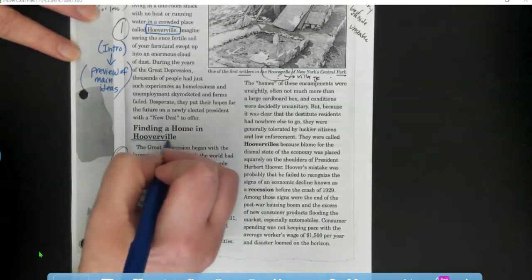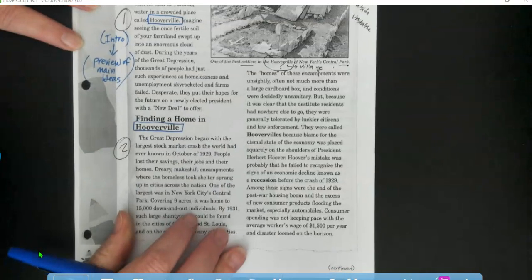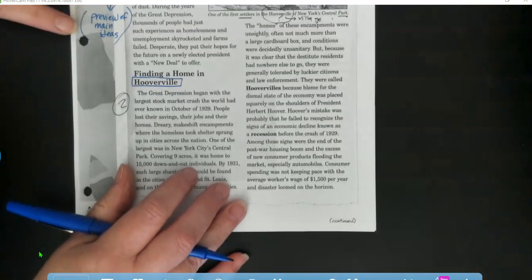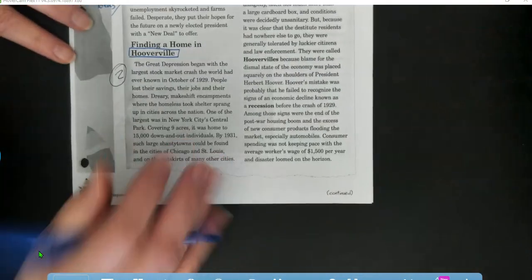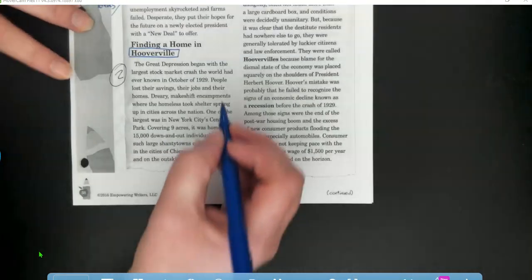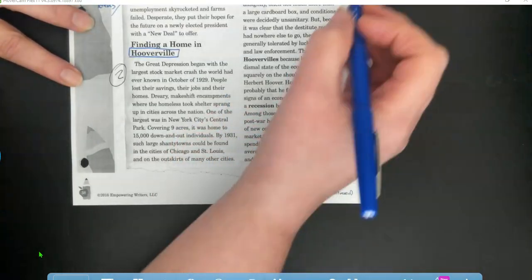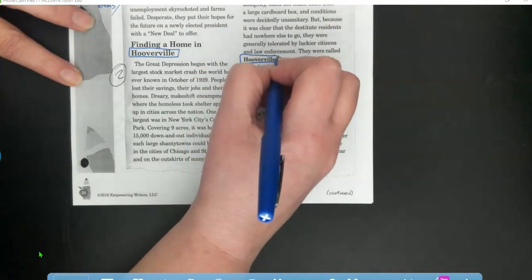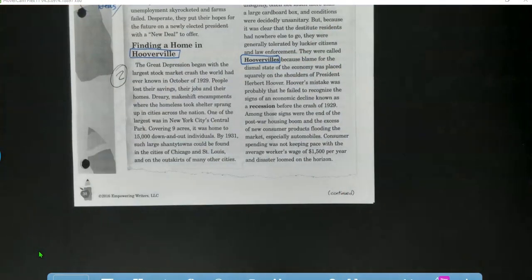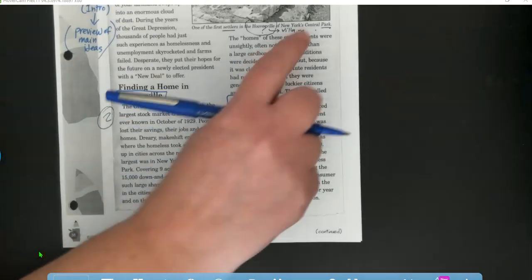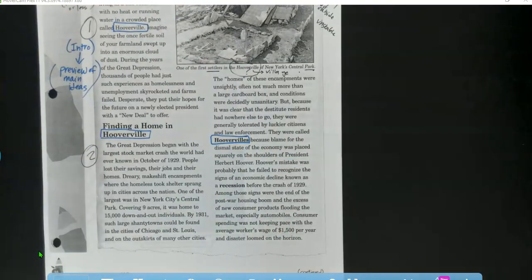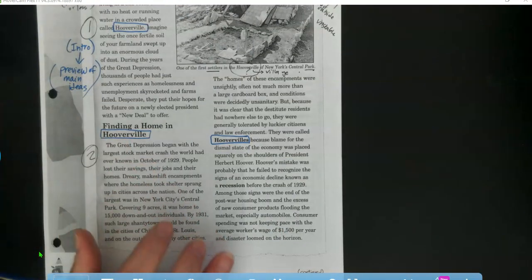Then in our text here, in the text heading, there it is again, finding a home in Hooverville. And then they used it right here. So the fact that the authors used the word Hooverville, which is a very unique word, 3 different places, plus we noticed it right here in the caption, like a Hooverville is important somehow, right? Obviously, they use it 3 different times.